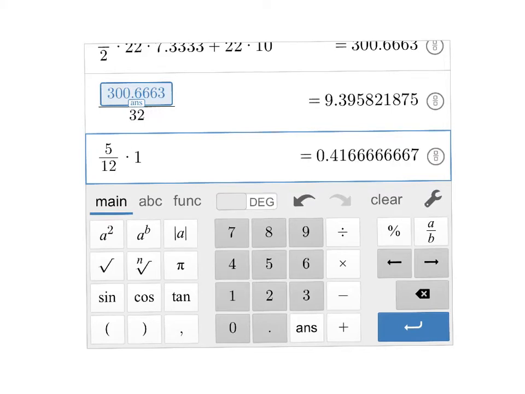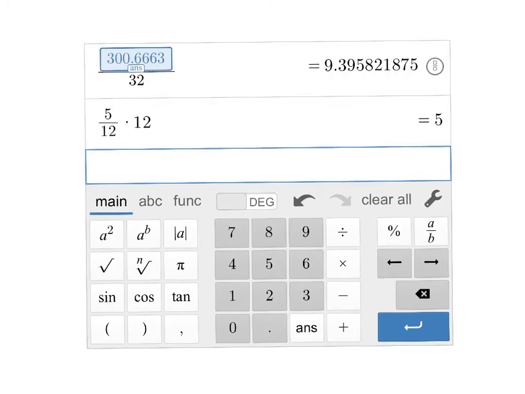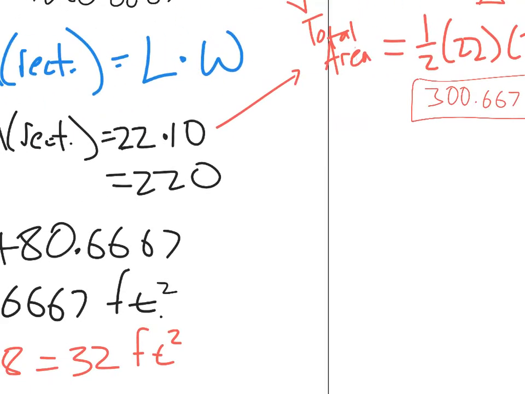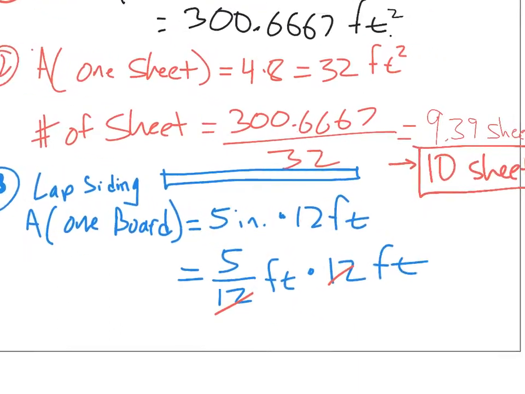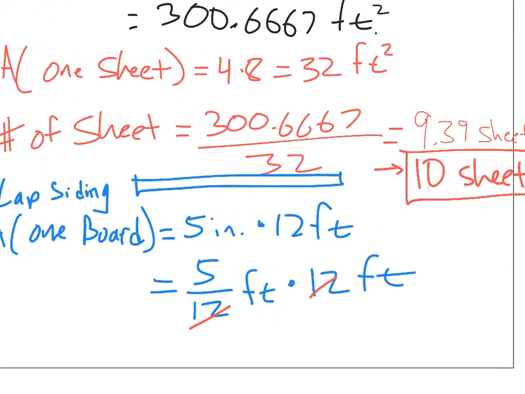Those just counteract each other. It's 5, all right? So great, that's going to be 5 square feet, that is. So one board covers 5 square feet.